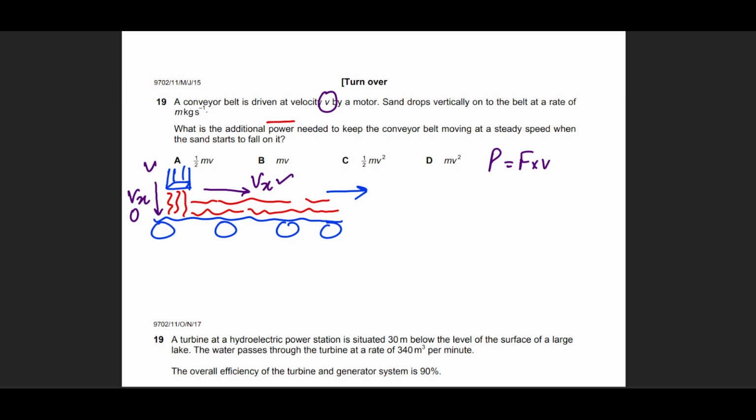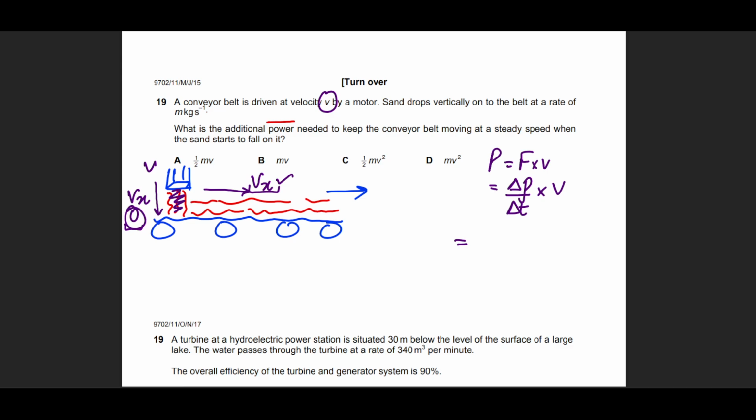So the change in kinetic energy, or the change in energy of the system, starts from 0 and lands at Vx. Force, as we have done in physics, is the rate of change of momentum, the change in momentum divided by time, multiplied by the velocity. What has happened to this mass of sand that is falling? Its momentum has changed.